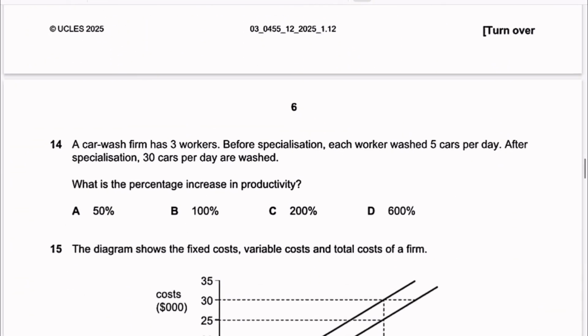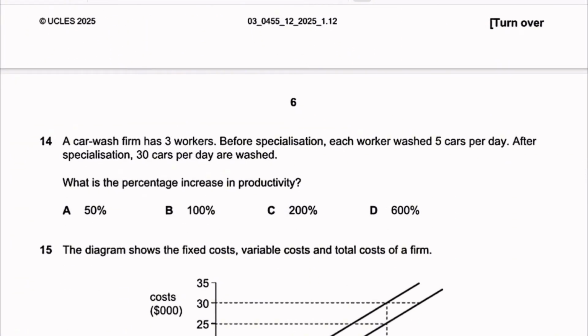Okay, question 14. A car wash firm has 3 workers. Before specialization, each worker washed 5 cars per day. After specialization, 3 cars per day were washed. What is the percentage increase in productivity? So this is simple.